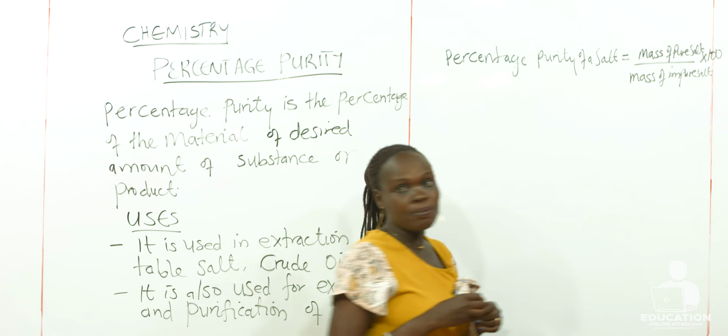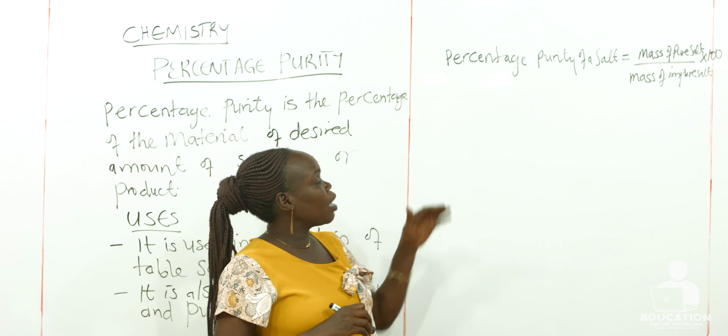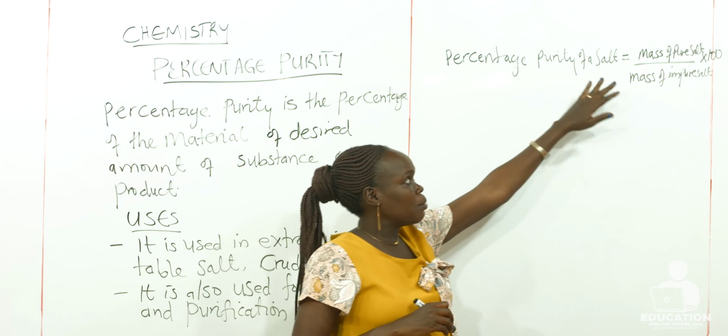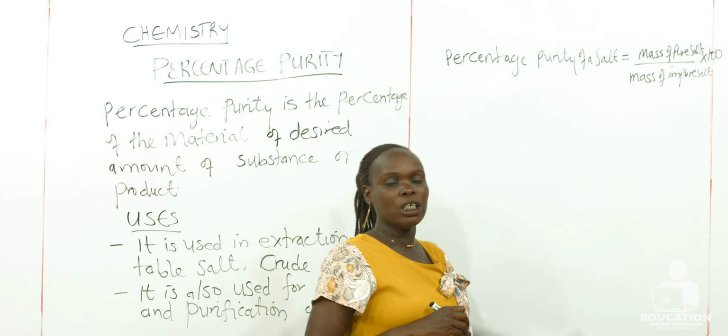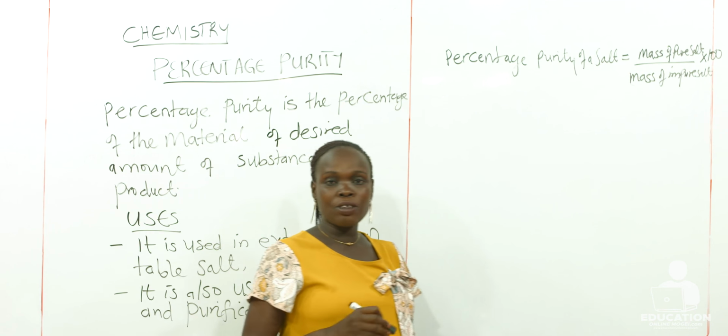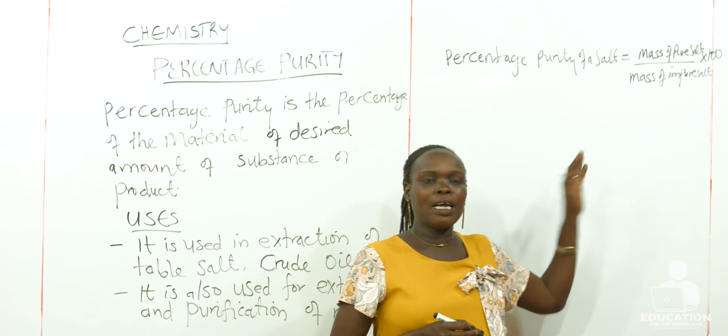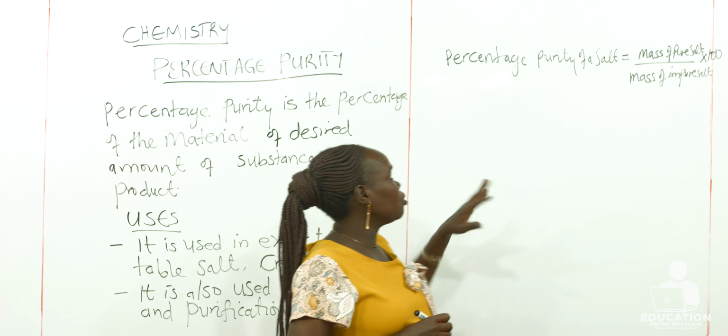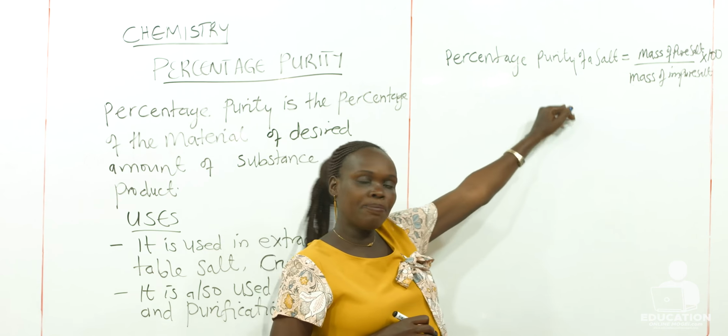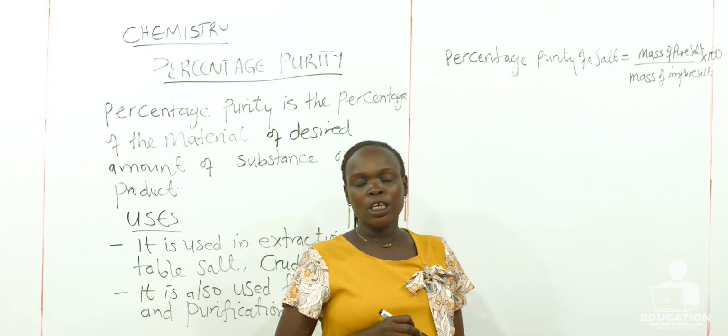Above is the mass of pure salt, and below is the mass of impure salt. Then we multiply it by 100. This gives us the percentage of the pure salt that we wanted.